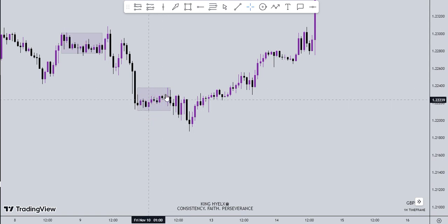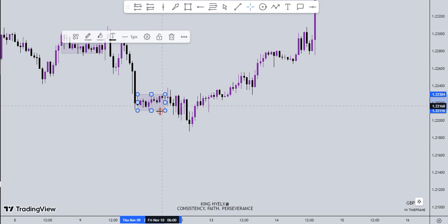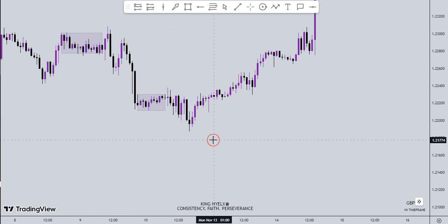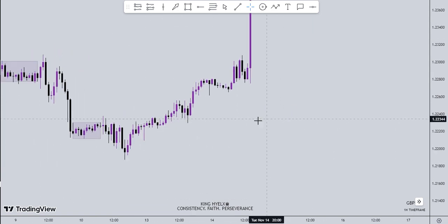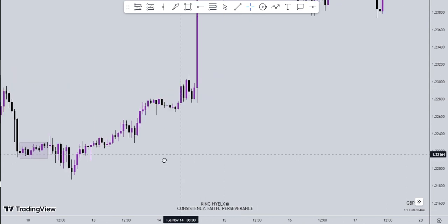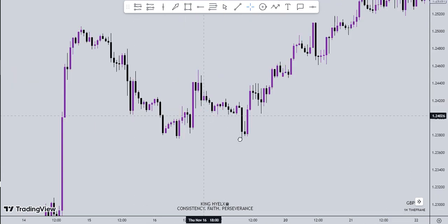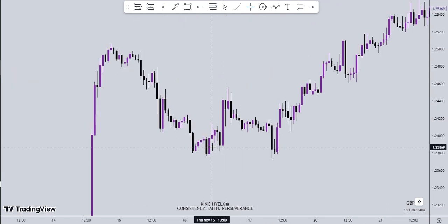In between here, another consolidation. We can even say from this point to this point. Consolidation is everywhere. So can you spot another consolidation in this particular image? It's everywhere essentially.